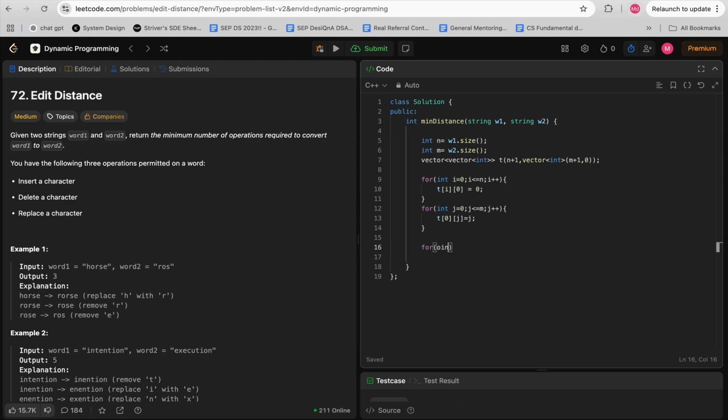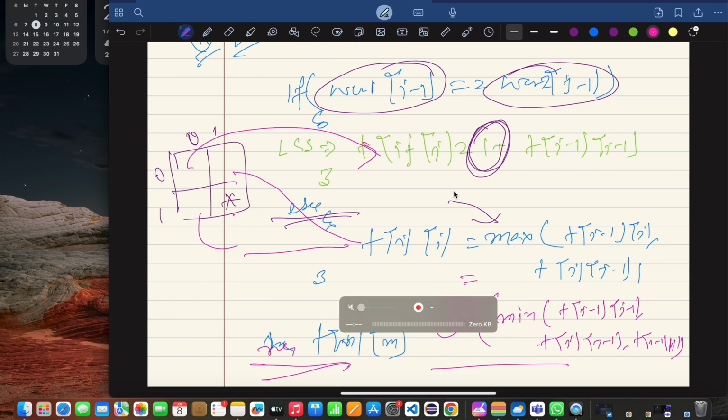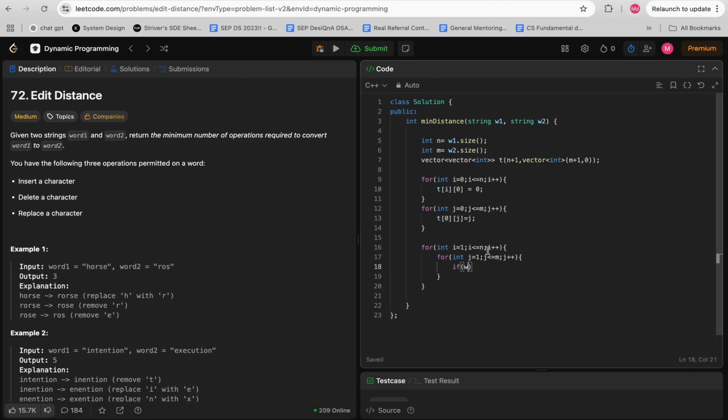Then we'll loop from 1. The first condition will be: if word1 of i equals word2 of j, then t of i of j equals t of i minus 1 of j minus 1.